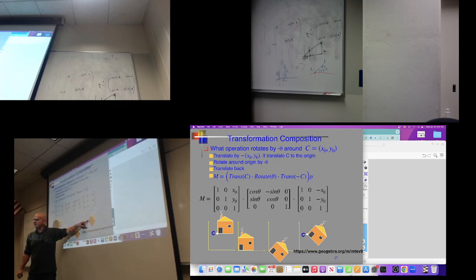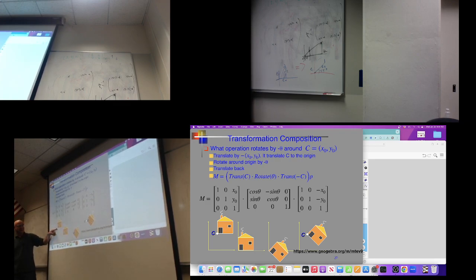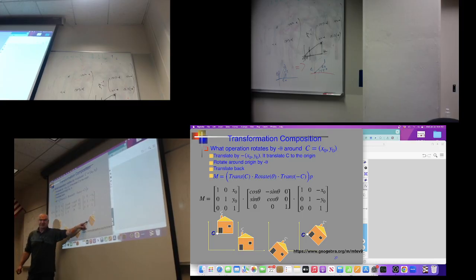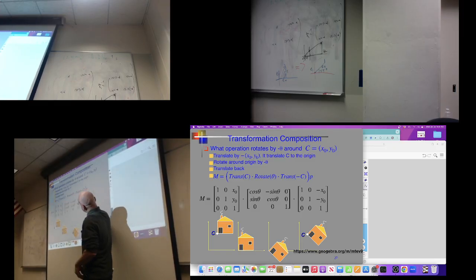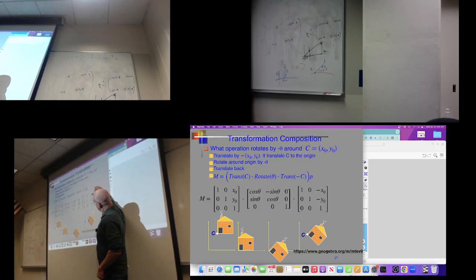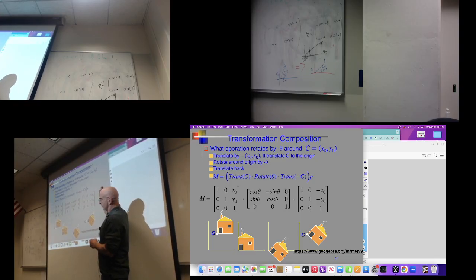That is, if translate by minus C moves C to 0, 0, then the reverse translation is translate by plus C. So assuming that C is at x0, y0, then multiply this by xy. Where my hand is, that's the point, every point xy, including C itself.